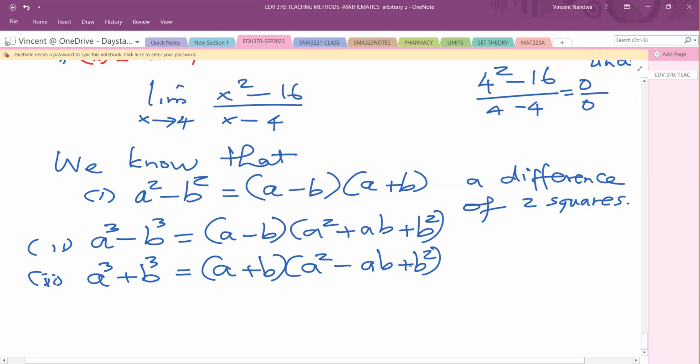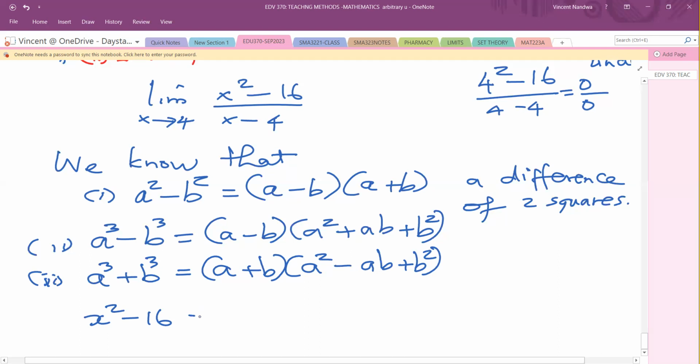They can help you to do the factorization of the expressions to reduce it so that usipate 0/0. So yeah, to our problem, unaona kuna x squared na kuna minus 16. And 16 inazaliwa kama square of which number? 4.